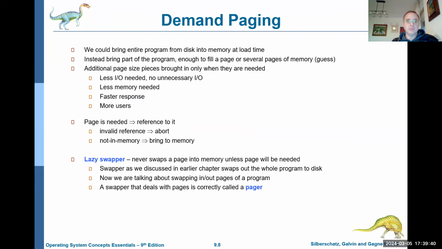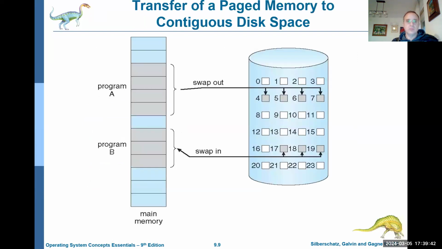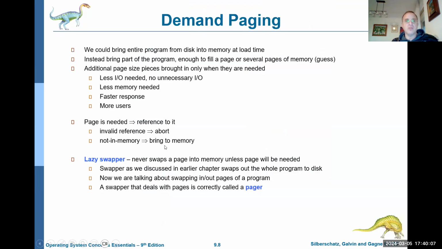Demand paging. Here's the picture. For example, program A may swap out these pages into the hard drive, and program B may swap in these from the hard drive.